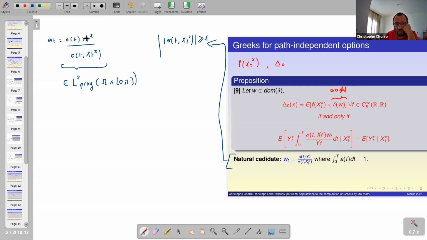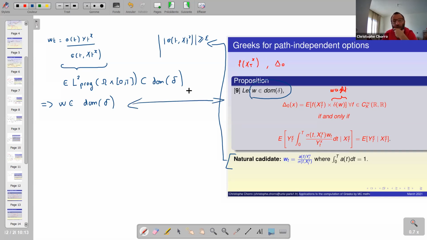I know that this one is in L2 prog, and I know that 1 over sigma is bounded. So this product is in L2 prog, and I know that L2 prog is included in the domain of delta. So I have a W that belongs to the domain of delta, a condition that is mandatory if I want to apply my proposition 9.